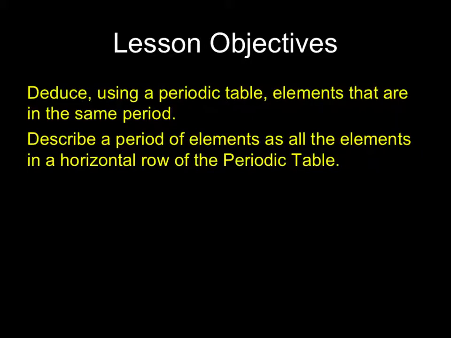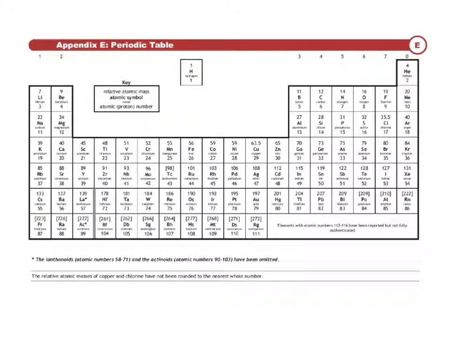So you need to be able to recognize elements which are in the same period of the periodic table. These will be ones which are in the same horizontal row. For example, potassium here and bromine here would be in the same period of the periodic table because they have 1, 2, 3, 4 occupied shells.